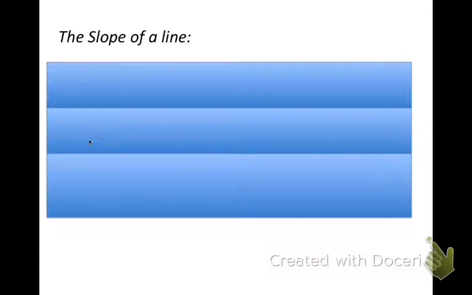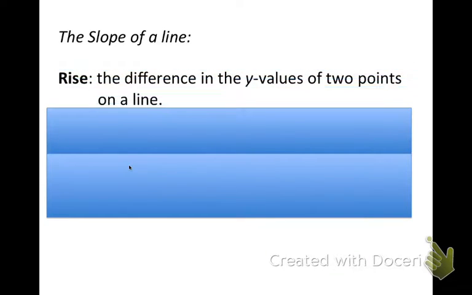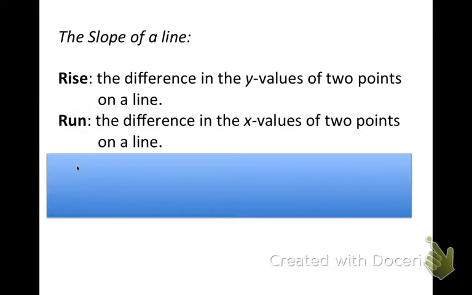We're not going to graph it. So, your slope of a line. We're talking about the rise over your run, right? So when we're talking about the slope of a line, we know that the rise is going to be the difference in the y values of 2 points on a line.